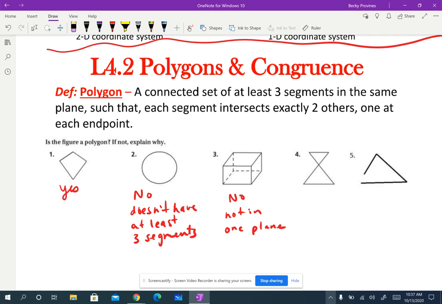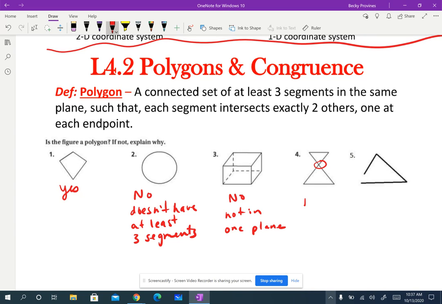Is it flat in one plane? Check. Now here's the catch. Do they only intersect at the endpoints? No. It intersects right there in the middle, right? So that's a problem. So this is not a polygon. Actually, it's 2 polygons. But you can't just say this figure is 1 polygon.